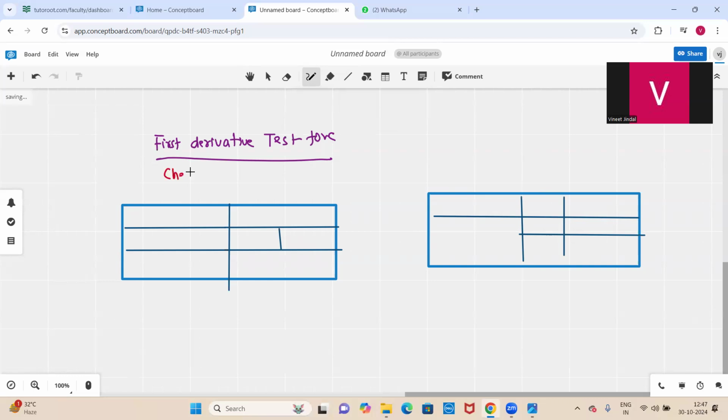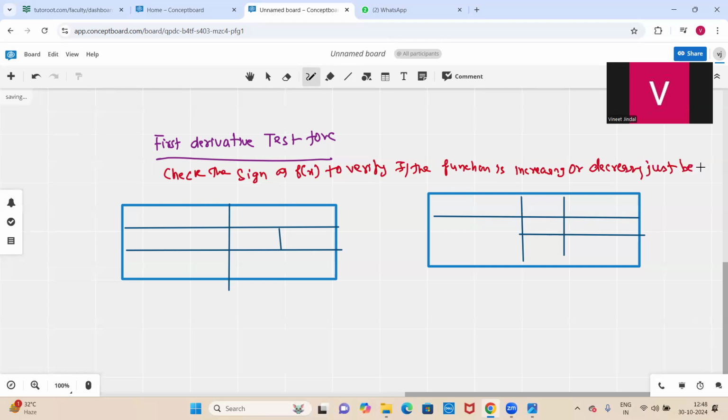So you have to check the sign of the function to verify if the function is increasing or decreasing just before and after C.